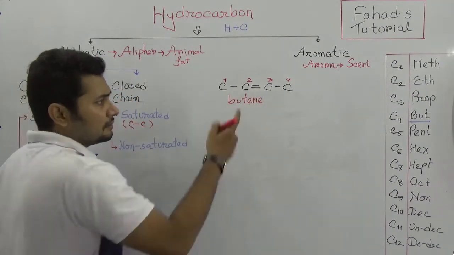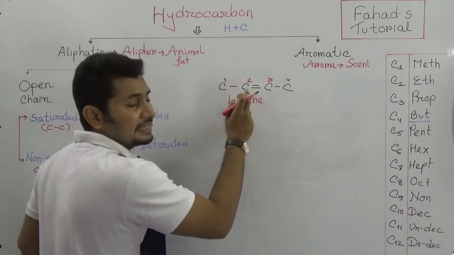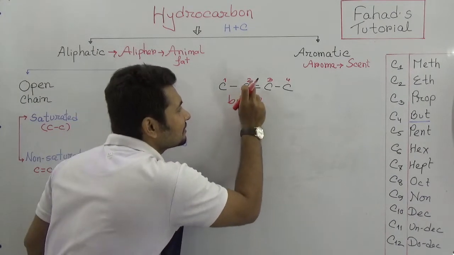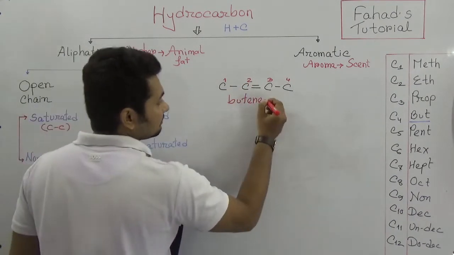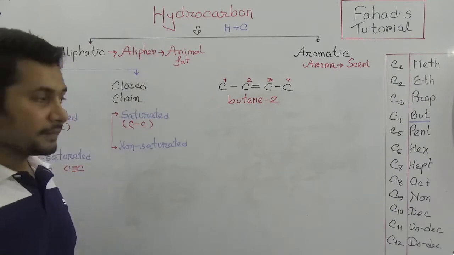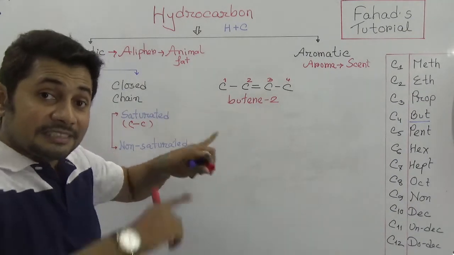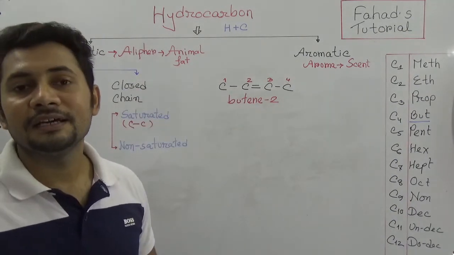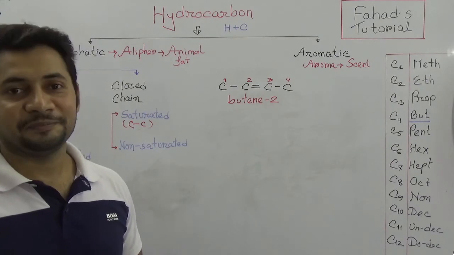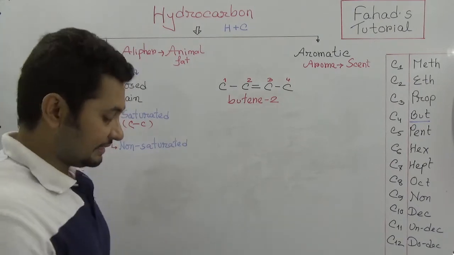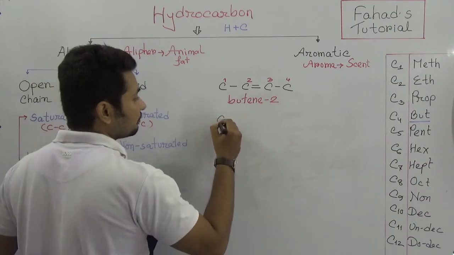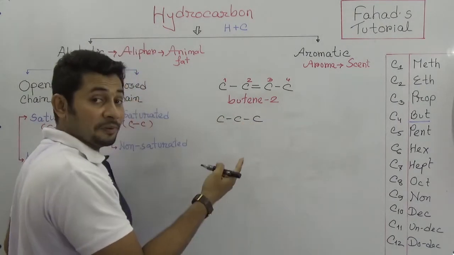And simply I can say that the double bond corresponds to the number of 2 carbon. It can be butene 2. And if it happens in cyclic order, then it would be cyclobutene.